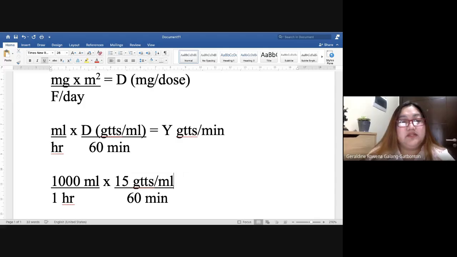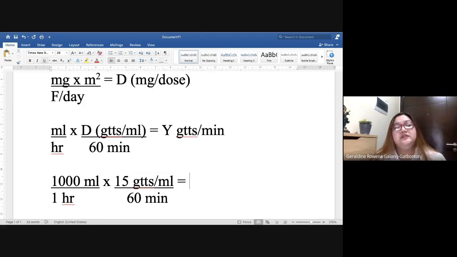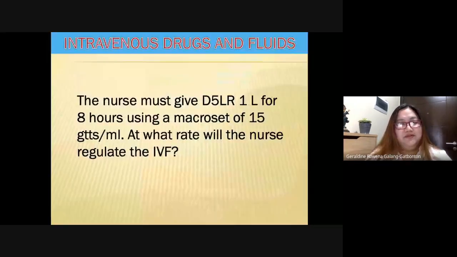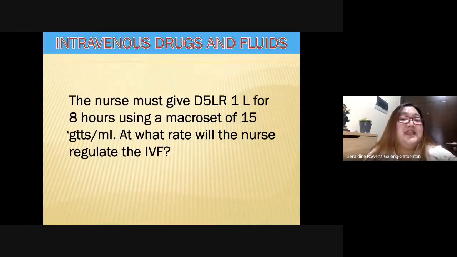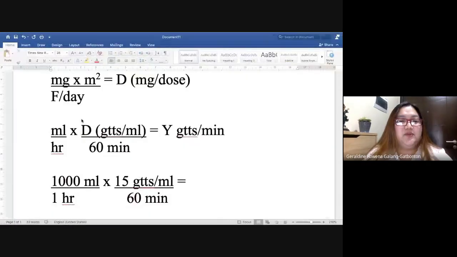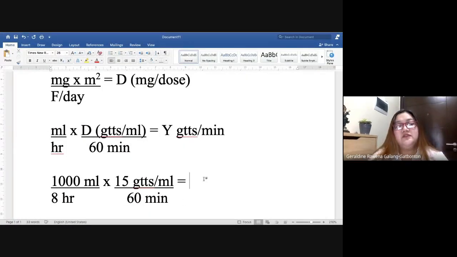So, ganun lang siya kasimple. 1,000 divided by 1, sorry, let me correct. It's 8 hours. So 1,000 divided by 8 times 15 divided by 60. So ang magiging sagot mo dyan, 31.25.